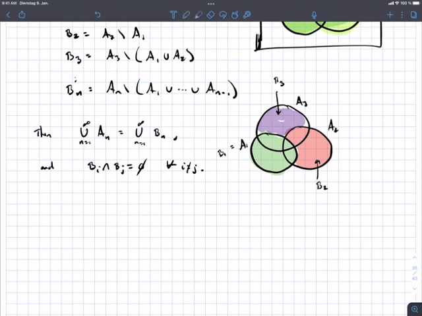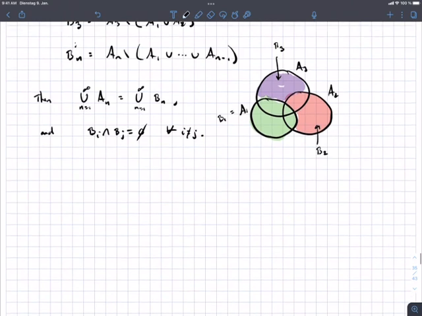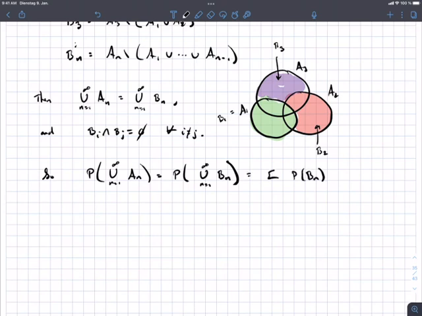Okay, so none of these B's overlap with other ones. So I can write probability equals probability then of this union of pairwise disjoint sets. By countable additivity, I can write this as sum.